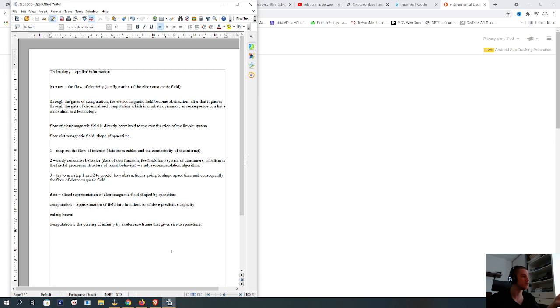Because you're abstracting and simplifying all the information into concepts. So data itself is already the filter of the field through computation. But then what is a neural network doing?